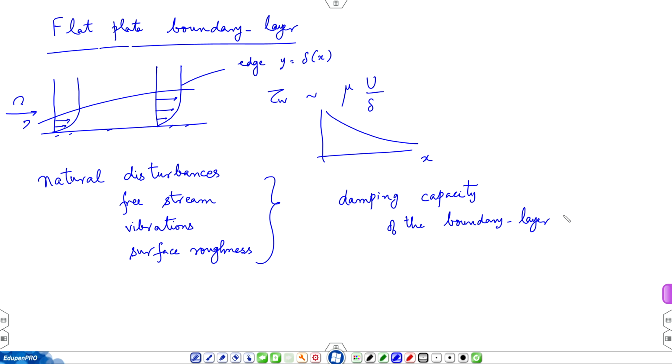Even though it is not uniform opening, that delta changes with distance, but at a given point, there is some velocity u. So, the damping capacity, here we are using an analogy with Newton's parallel plate experiment.